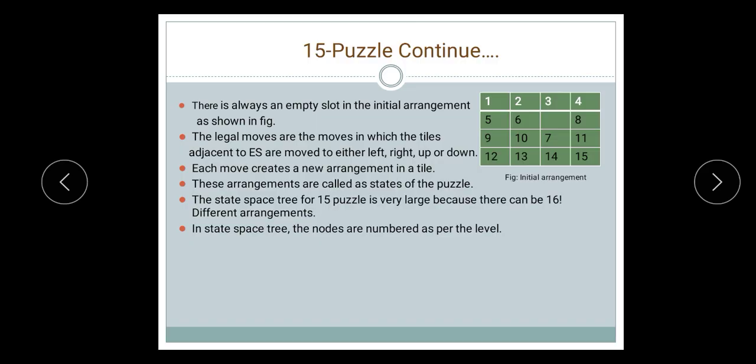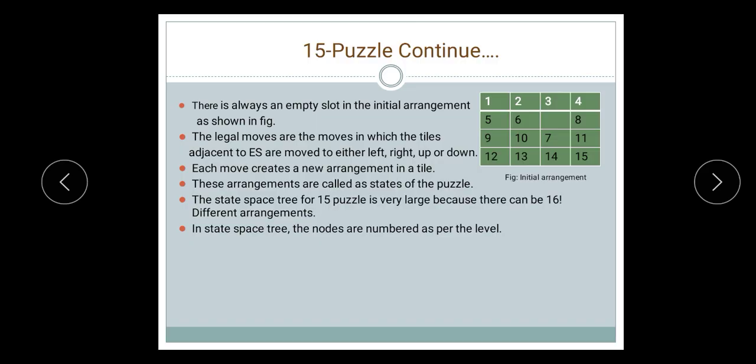So the state space tree for the 15 puzzle is very large, because there are 16 factorial permutations possible for these different arrangements. In a state space tree, the nodes are numbered as per the level.